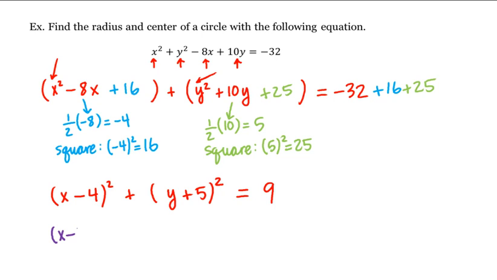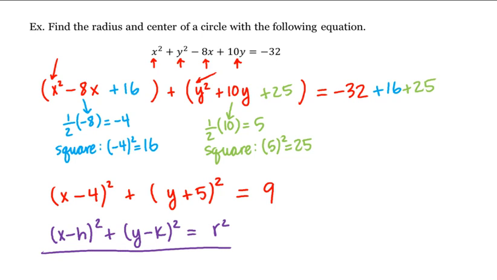And so now it's in this standard form, (x - h) squared plus (y - k) squared is equal to r squared. So comparing our equation to this standard form here, we see that h is equal to 4, k is equal to -5.